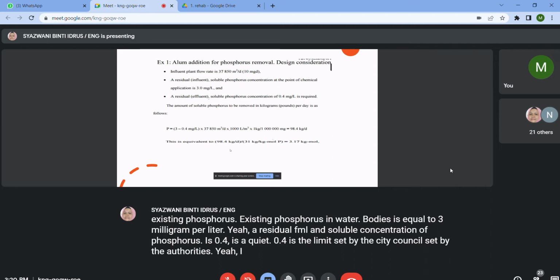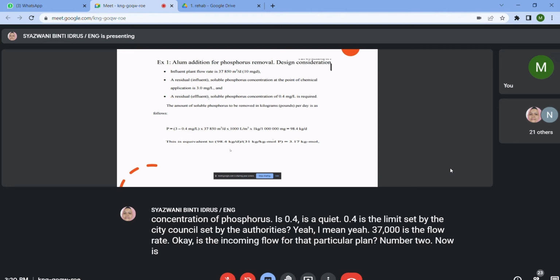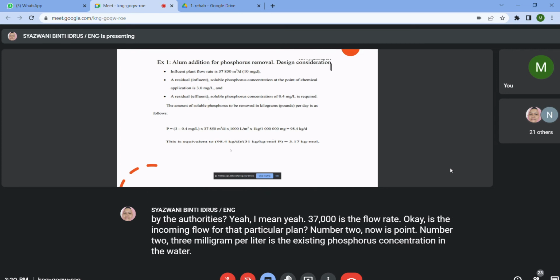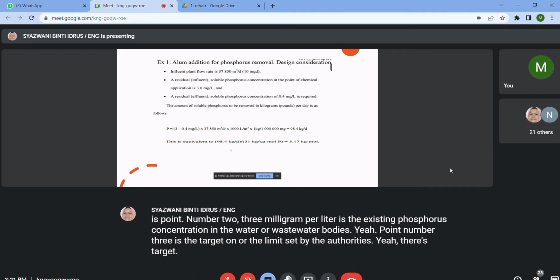I repeat. 37,850 is the flow rate, the incoming flow for that particular plant. Point number two, 3 milligram per liter is the existing phosphorus concentration in that water or wastewater. Point number three is the target or the limit set by the authorities, the target phosphorus concentration to achieve.